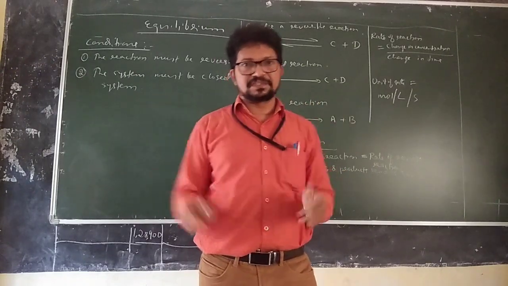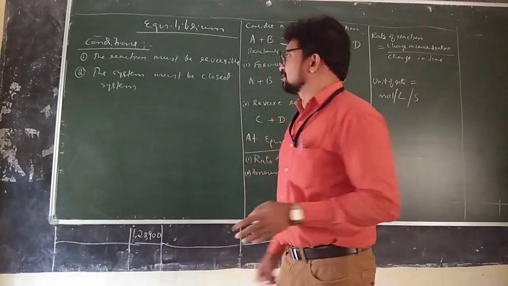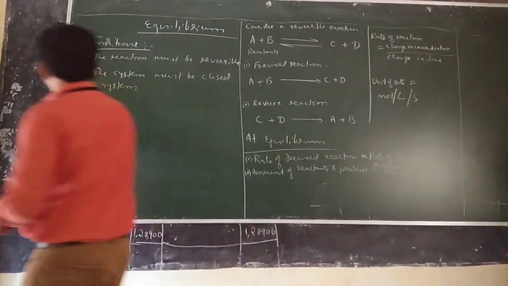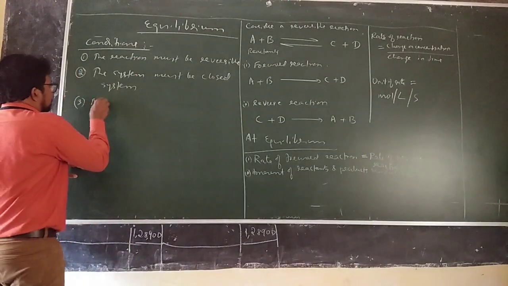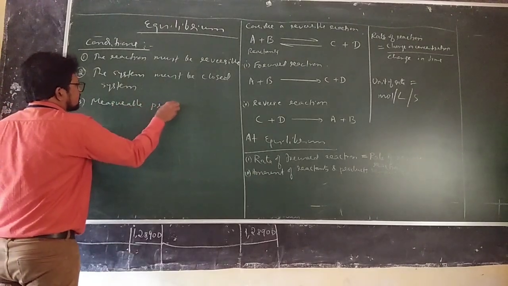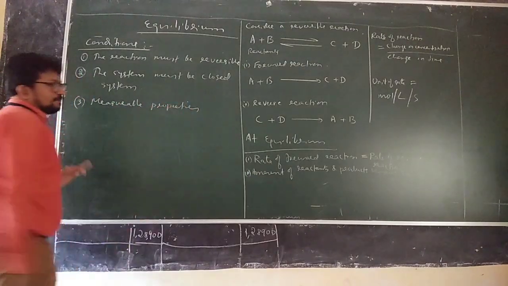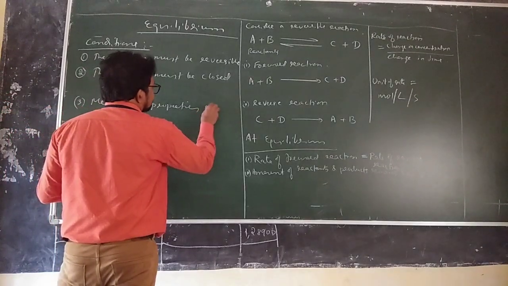Nothing should escape here. So in that case, what you should have? A closed system. And some more points you can add about the system. Measurable properties, temperature, pressure, concentration, etc. remain constant.